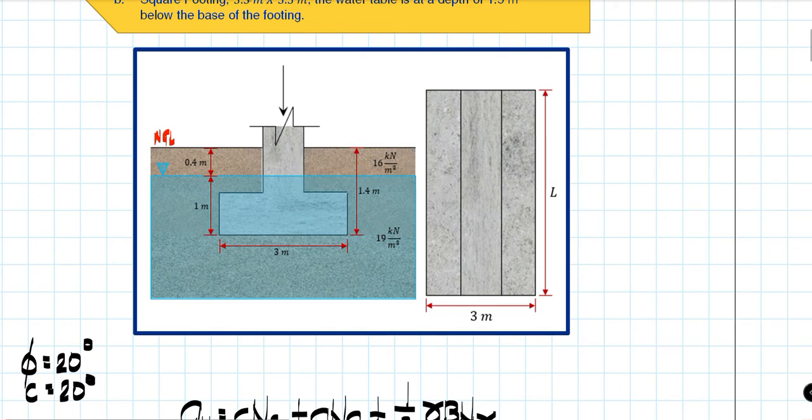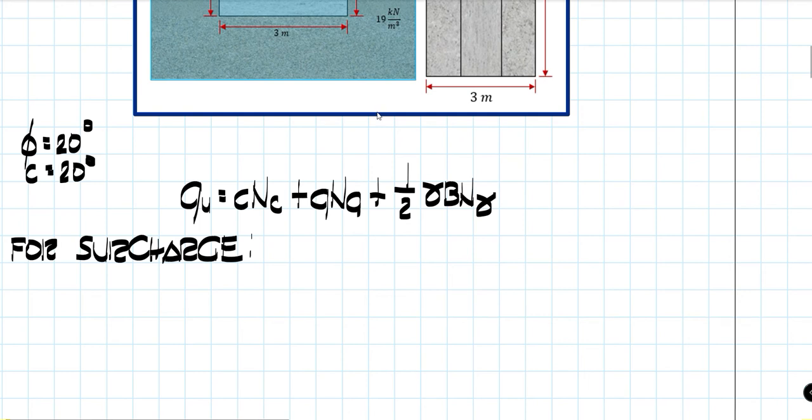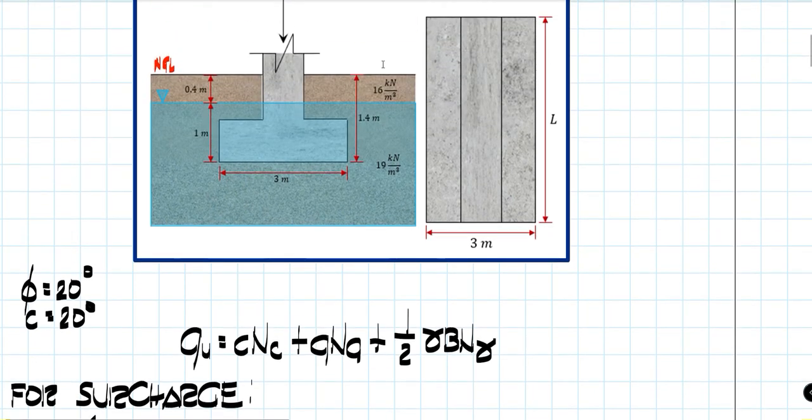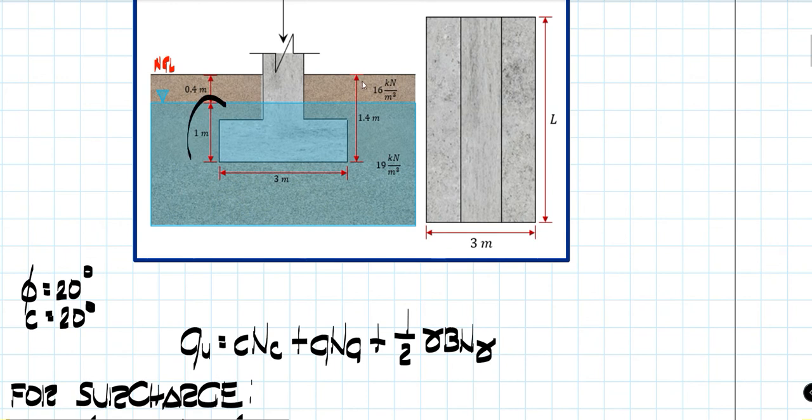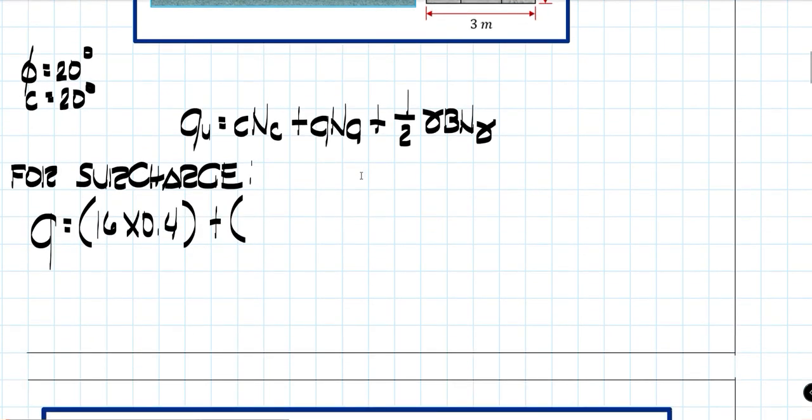So to get the q or the overburden pressure or yung surcharge load, we have here q is equal to yung dry soil sa taas, which is 16, tapos yung height nun, which is 0.4, plus yung saturated soil na natitira, which is 1 meter high, and merong unit weight na 19 kilonewton per cubic meter. So, these are same soil pa rin.